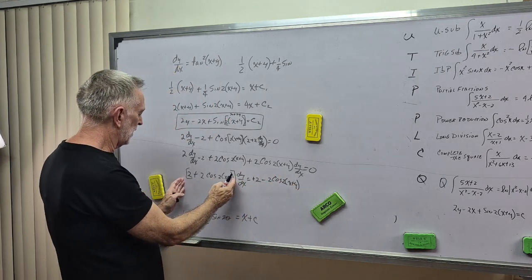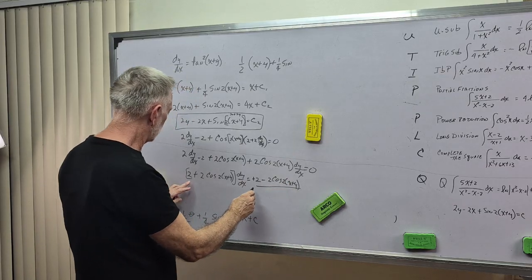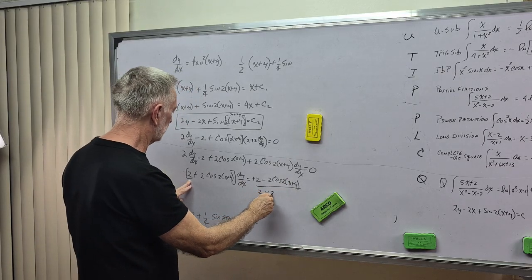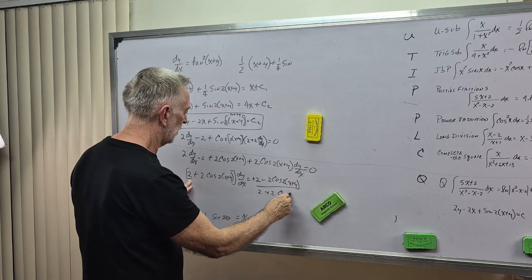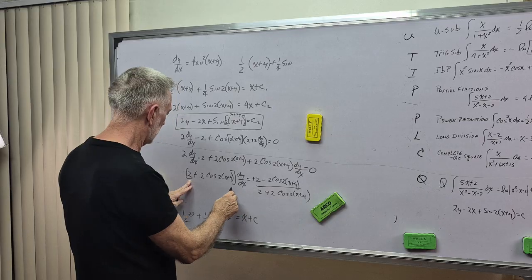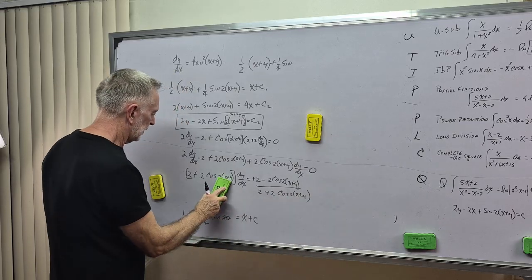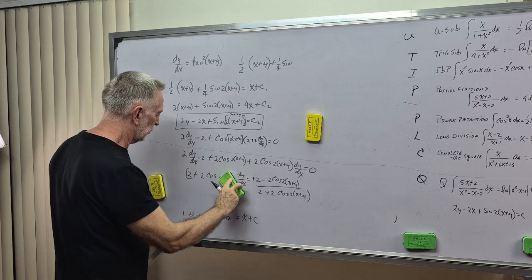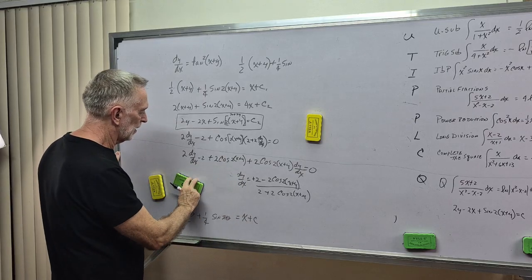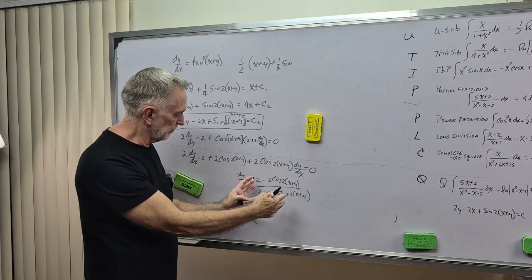Now I want to divide this onto the other side. So I have 2 plus 2 cosine(2x plus y). Okay, so all of this would be dividing onto the other side. So now I have dy/dx equals this quotient.